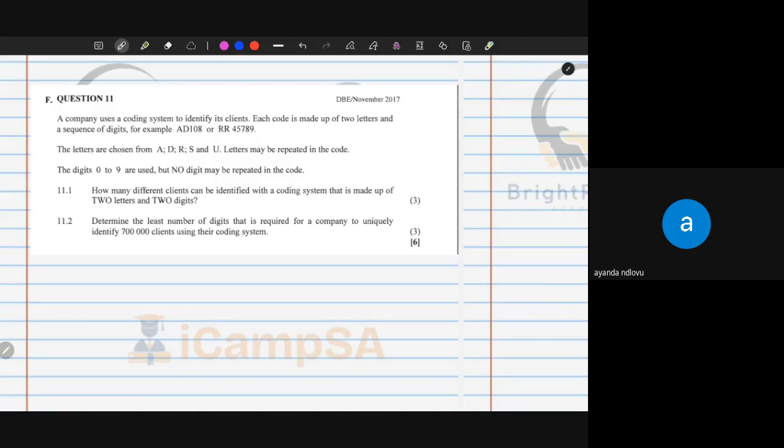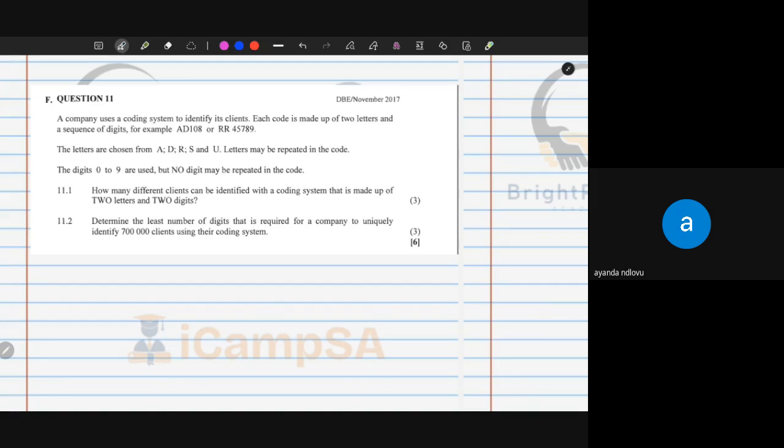The digits 0 to 9 are used, but no digits may be repeated in the code. 1.1.1. How many different clients can be identified with a coding system that is made of anymore? Okay, awesome. Thanks for that.